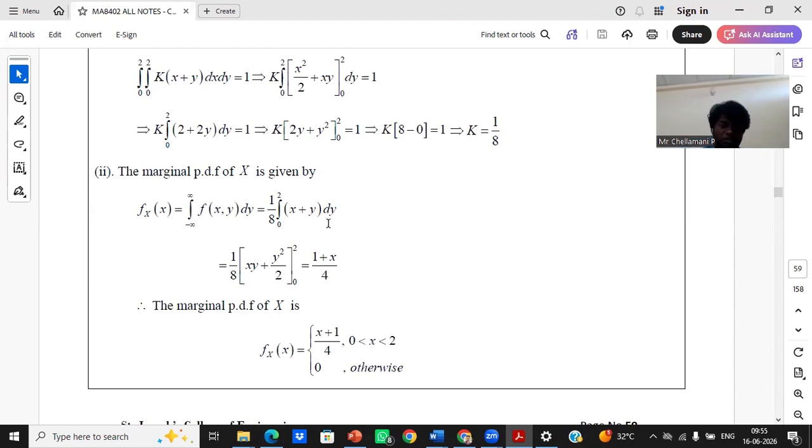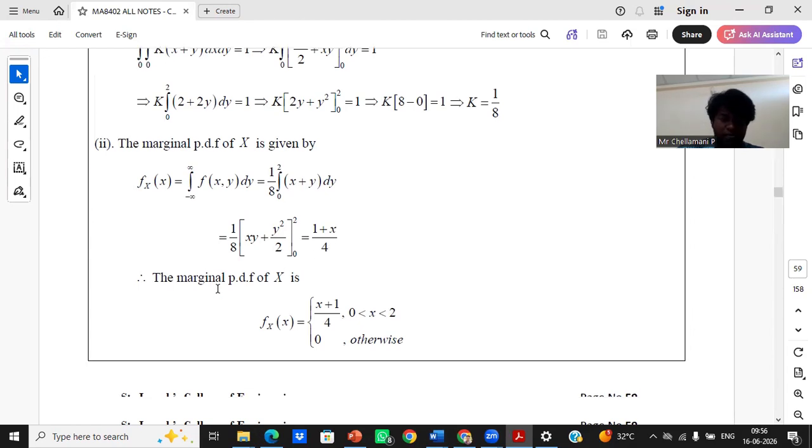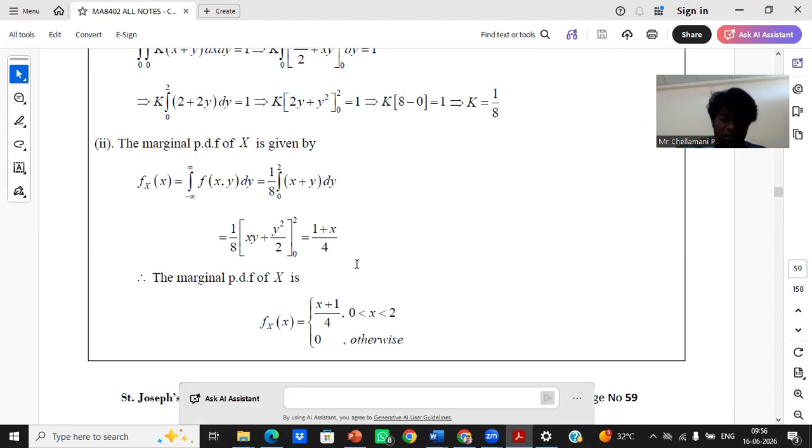We integrate with respect to dy, which gives xy plus y squared by 2. Substituting upper limit 2 and lower limit 0, we get x plus 1 by 4. The marginal probability distribution of x is f of x is equal to x plus 1 by 4 for 0 to 2, and 0 otherwise.